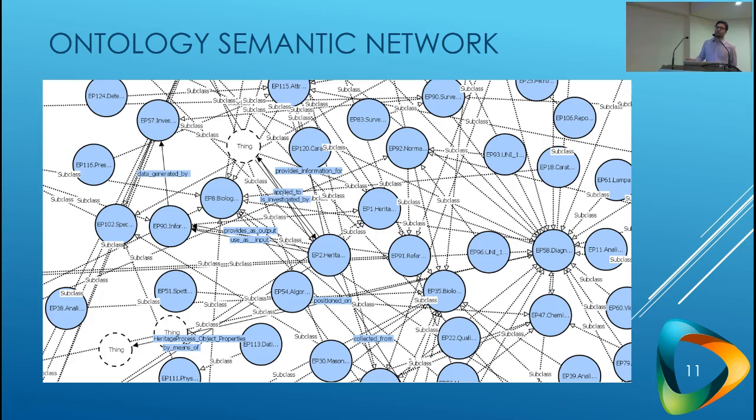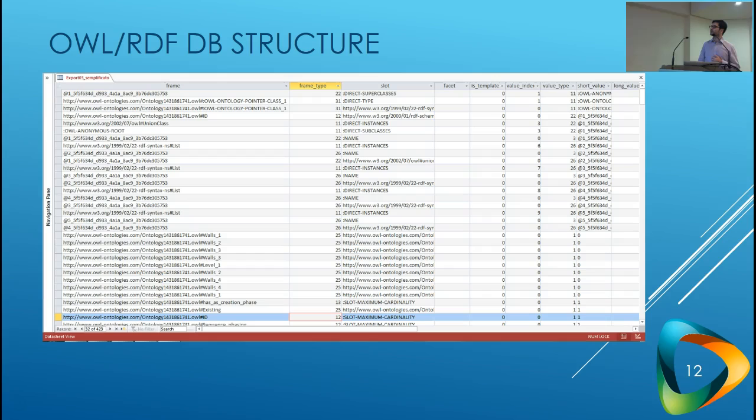On the other side, we have ontologies and semantic networks, where concepts are connected by many relationships that we can customize in order to reach the full representation of the building and of the related knowledge.